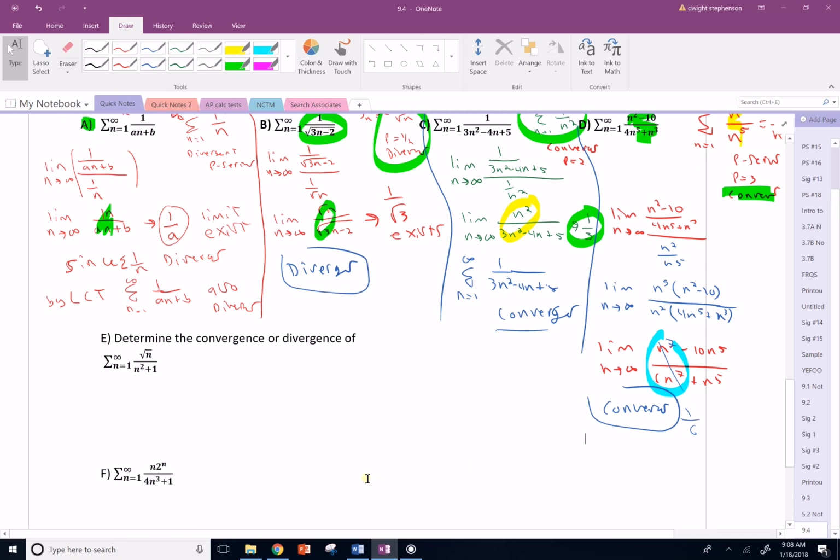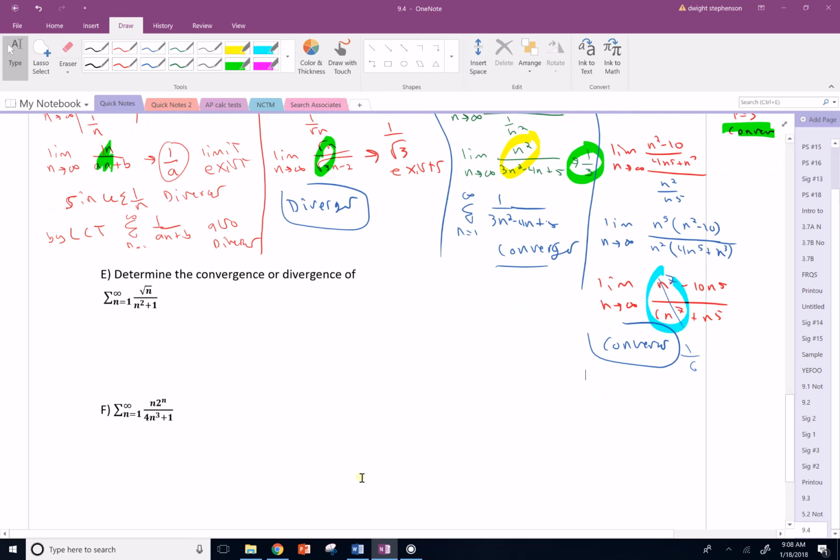All right, here's a couple more examples. Determine the convergence or divergence. So this one looks really similar to maybe square root of n over n squared, right? Just get rid of that 1.